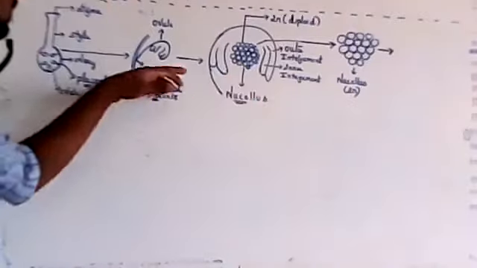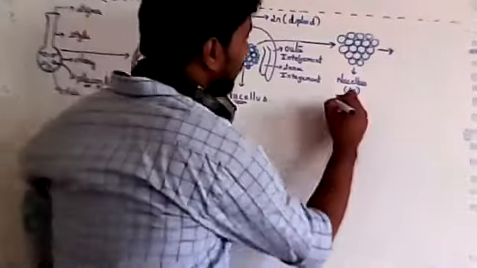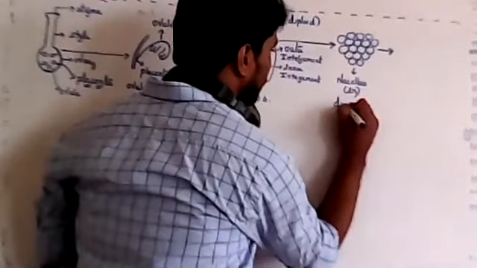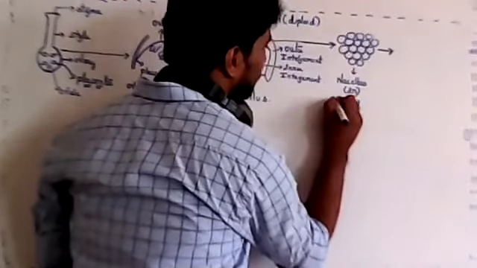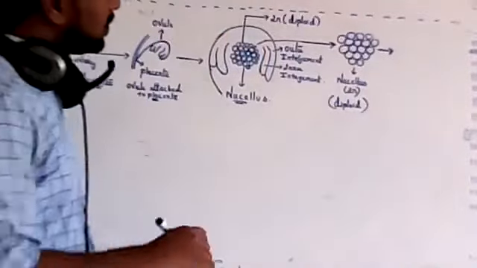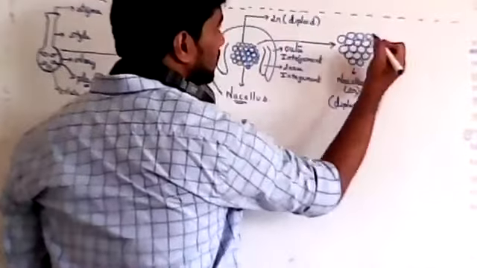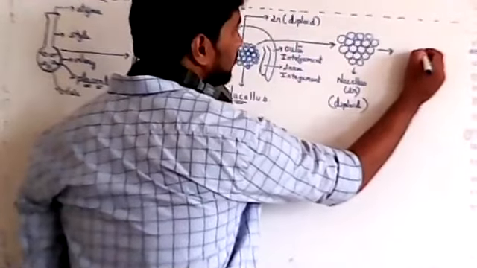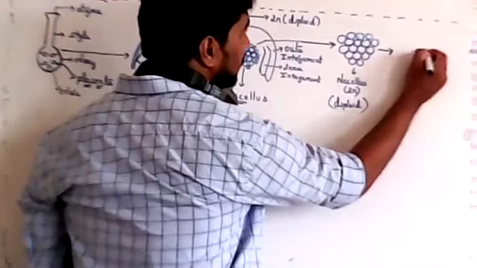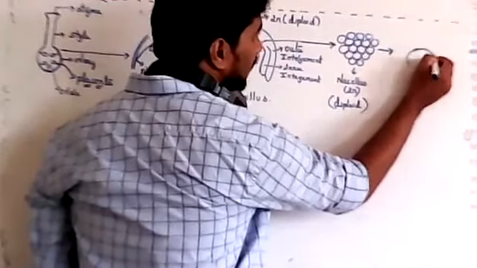First, the nucellus cells which are present are diploid, 2n. Out of these many cells, only one cell will enlarge. One cell will enlarge in size and it will grow.